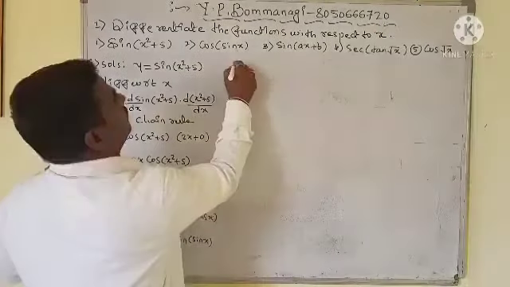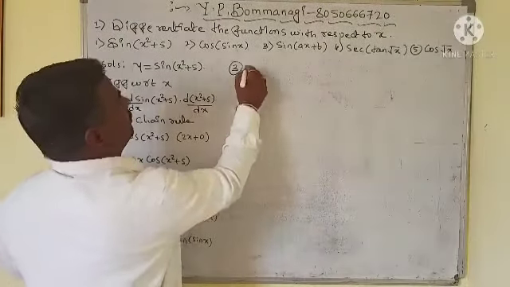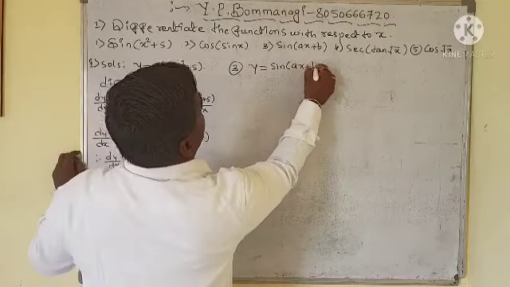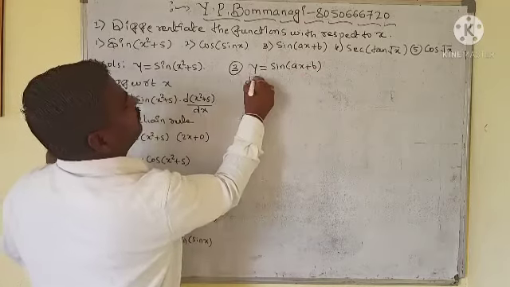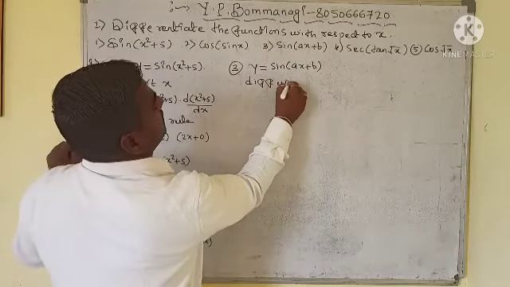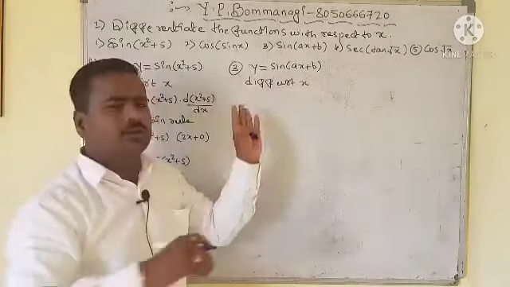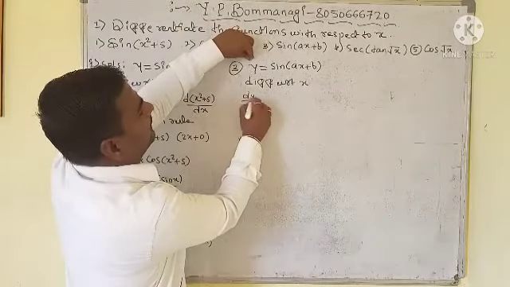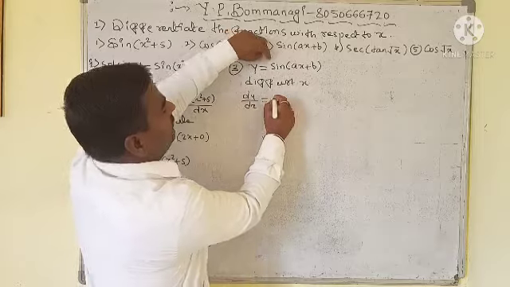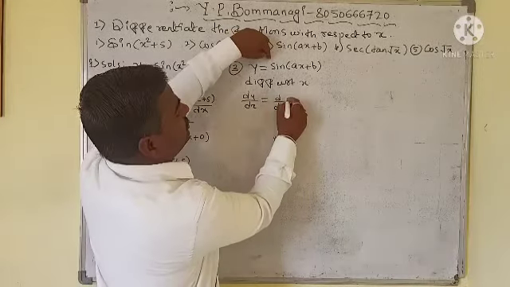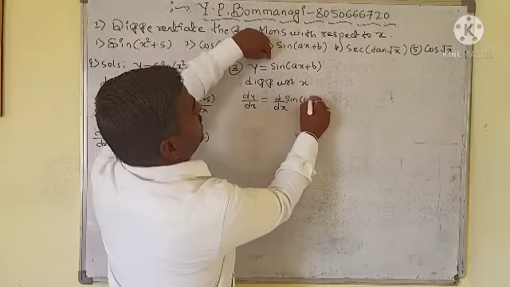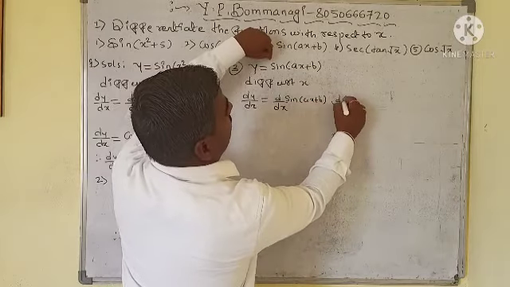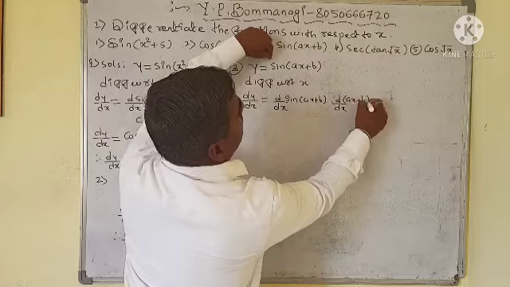So this one, the third one, a lot of times they are asking: y is equal to sine of ax plus b. Here differentiation with respect to x, right? So dy by dx: differentiate the trigonometric function sine of ax plus b, and by the chain rule, the differentiation of ax plus b.